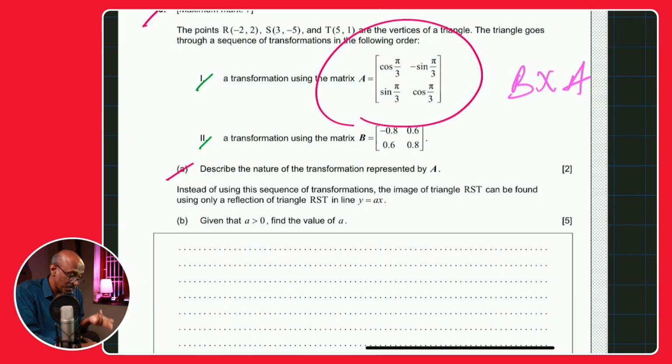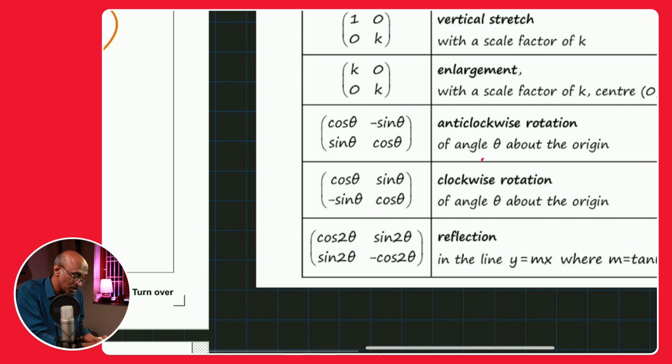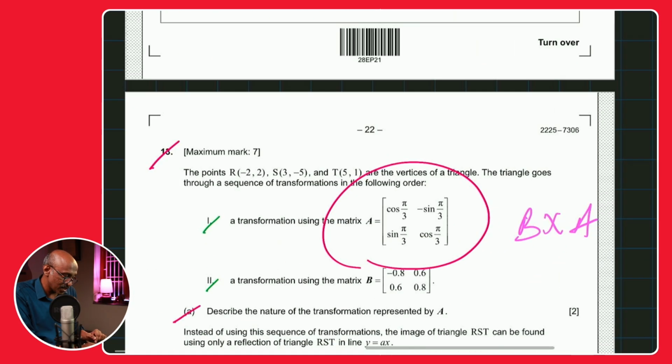Compare with your formula booklet, or commit to memory that cos is positive on the diagonal, sine is negative in the first row of the second column and positive below. It's an anticlockwise rotation about the origin by the same angle theta, here pi by 3.